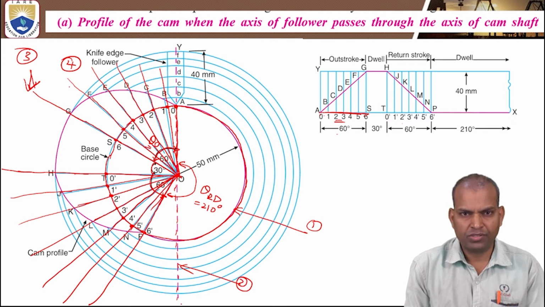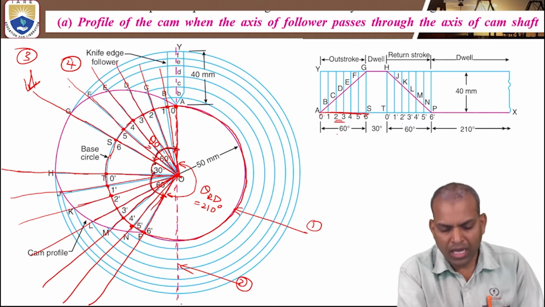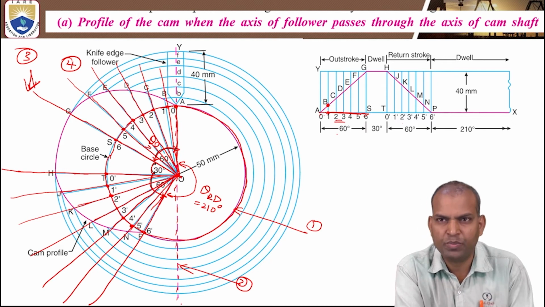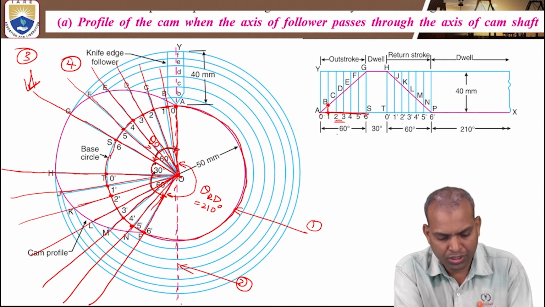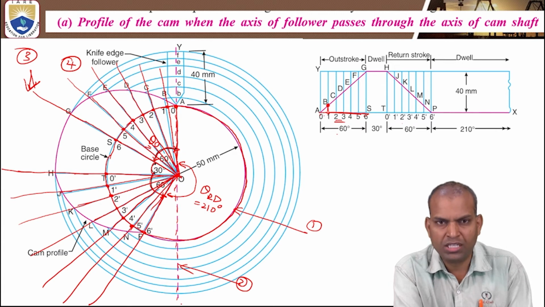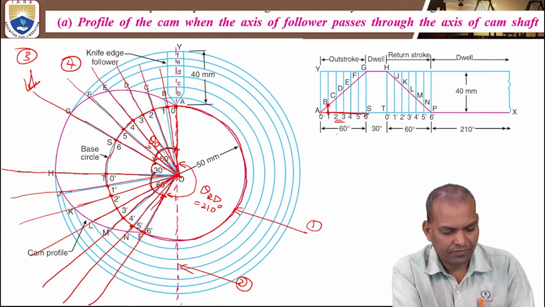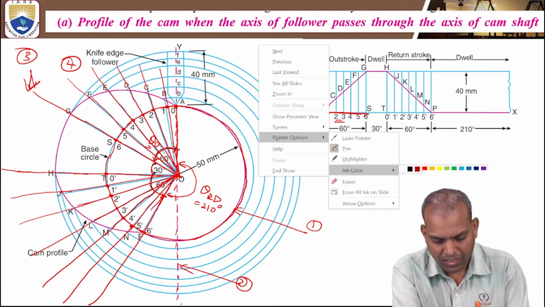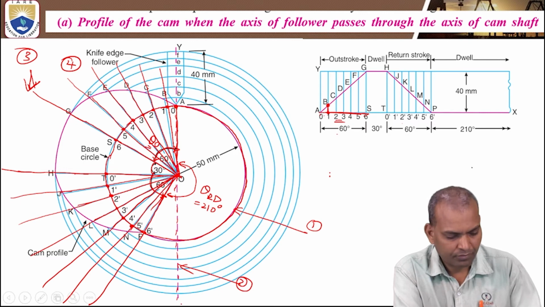The next step is what we have to do. We have to measure the distances from 1 to B from the displacement diagram. This is the portion. Take this 1B distance and come back to the base circle diagram. I am going to change the color.